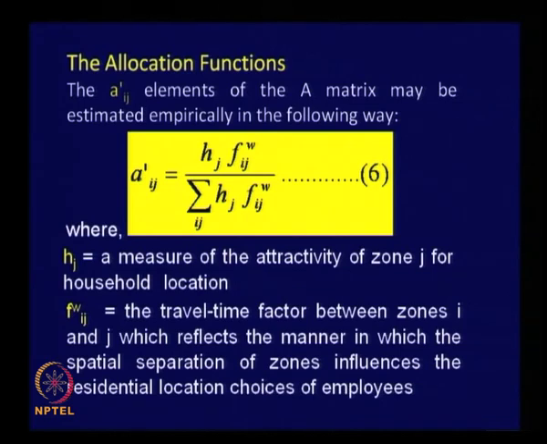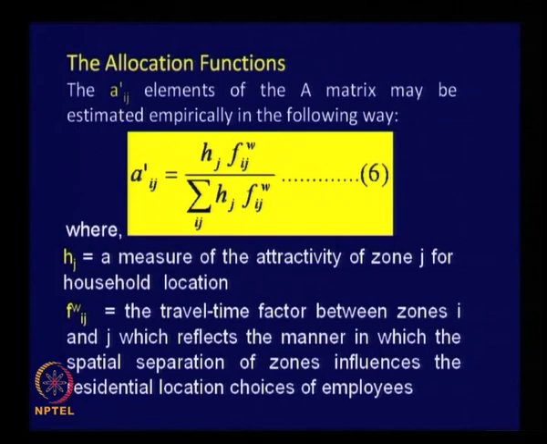The travel time factor or friction factor between zones i and j reflects the manner in which the spatial separation of zones influences the residential location choices of employees. You need not worry too much about each word in the sentence. Please understand Fij as a factor representing the travel resistance, which is related to the accessibility of workplace from home for employees working in activities related to basic employment.